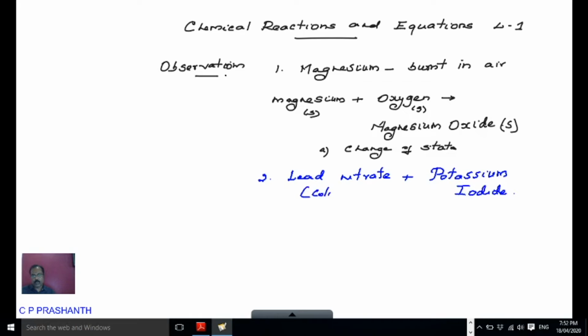Lead nitrate is a colorless solution. Potassium iodide also is colorless. But after the reaction, you got lead iodide, which is a yellow precipitate.